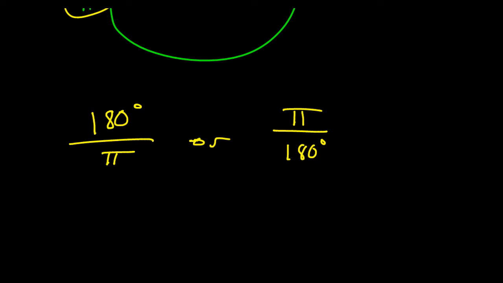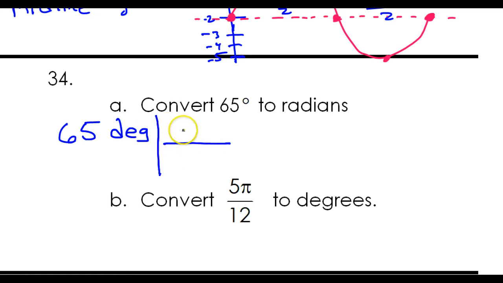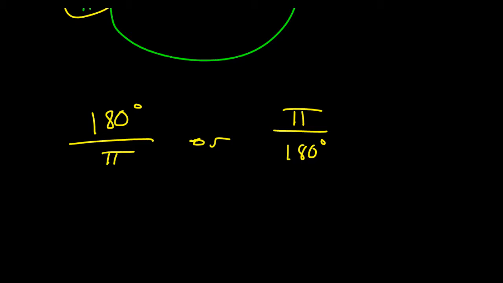So the way I look at it, if I want to convert degrees into radians, now I've already got degrees, so this is 65 degrees. If I want to convert this to radians, I have to decide, am I going to put 180 degrees in the top or the bottom?